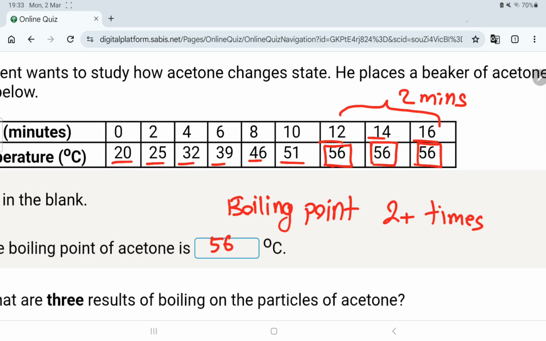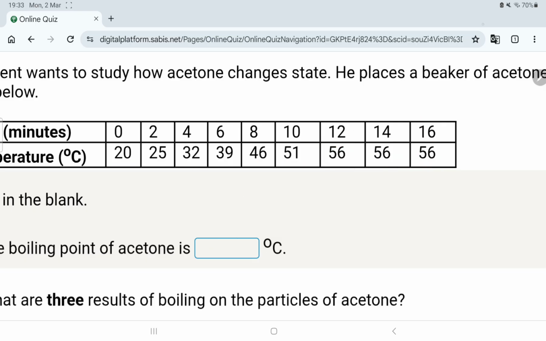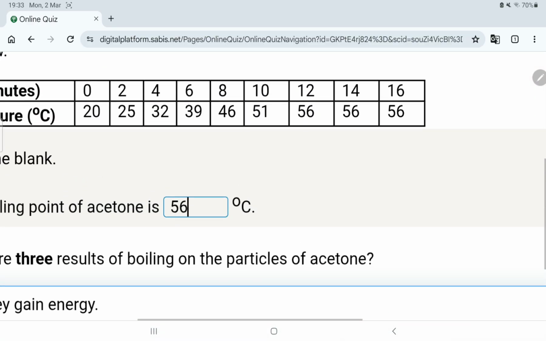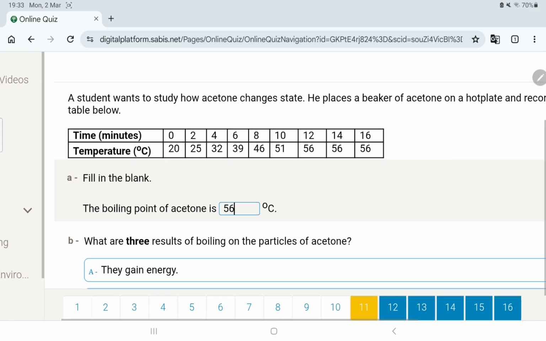Why? Because 56 degrees Celsius repeated 3 times. So basically 2 or more times. Okay? So what's the boiling point? 56 degrees. So just look towards the end and see what repeats a lot.